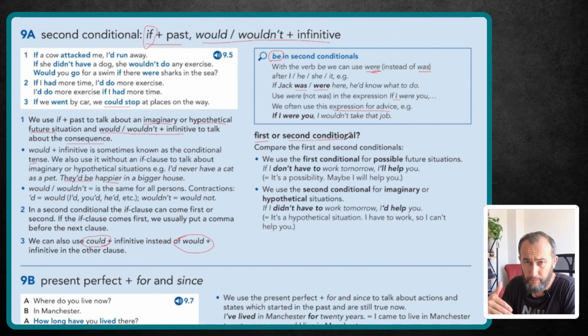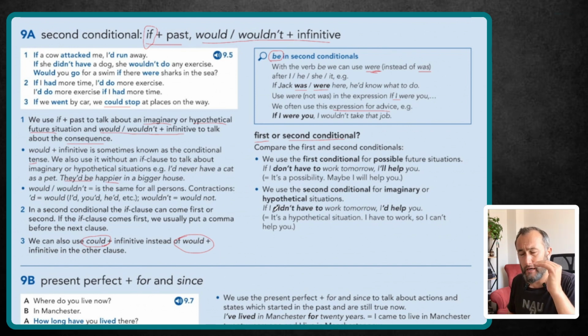We use first conditional to talk about a real future possibility with will plus infinitive. But second conditional we use for unreal present and future situations, and we use would. In the if part, in first conditional we use present simple, but in second conditional, we use past simple or past continuous, but at pre-intermediate level, as I said earlier, past simple.